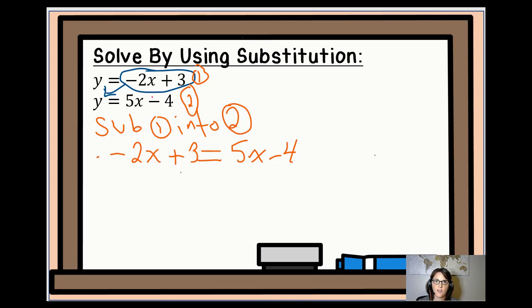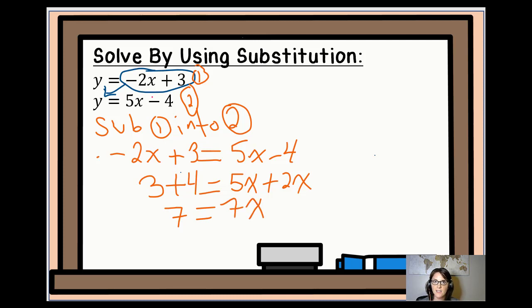You could rearrange it the other way. It really doesn't matter. I just want my x's to be positive. So I'm going to write 3 plus 4 on the left equals 5x plus 2x on the right. Then simplifying, I have 7 equals 7x.